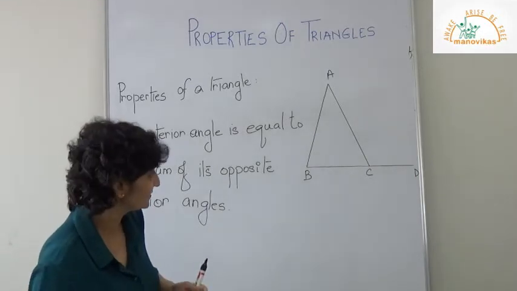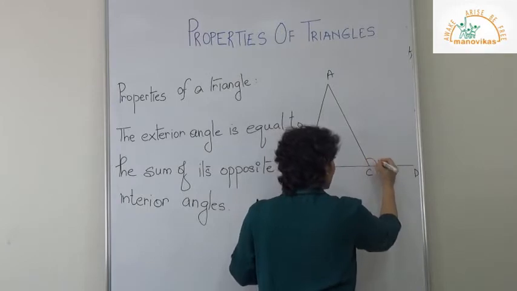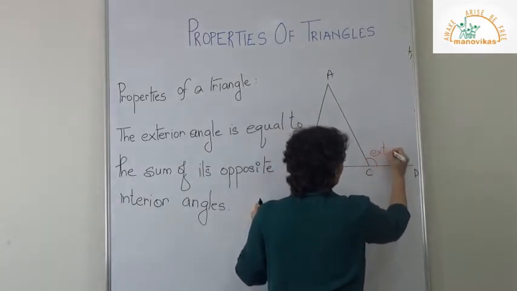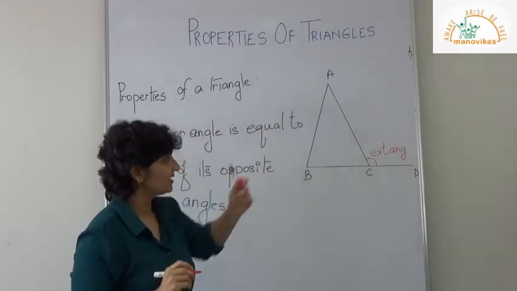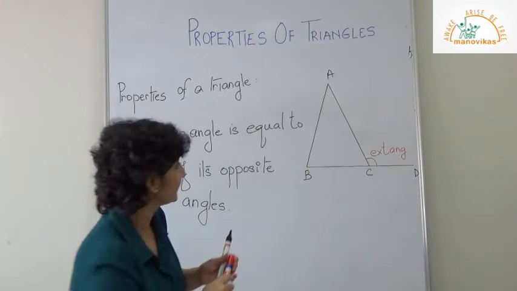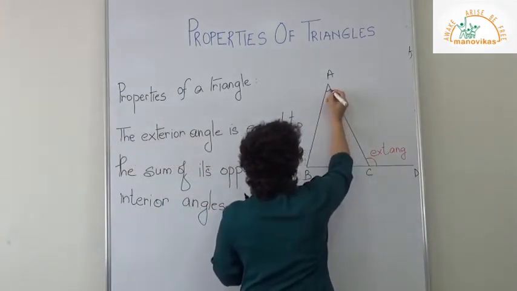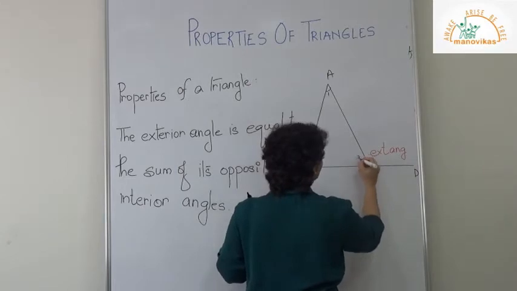Now what does this mean? Here, children, this becomes your exterior angle. I have told you that here, let's take it as 1, 2 and 3.